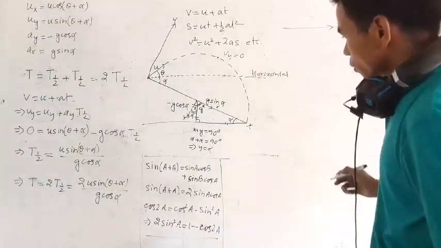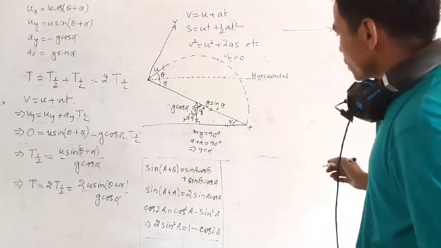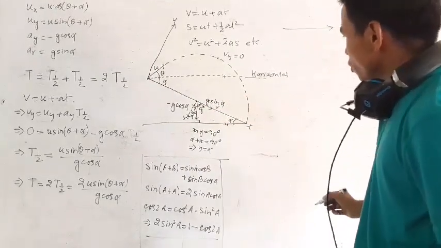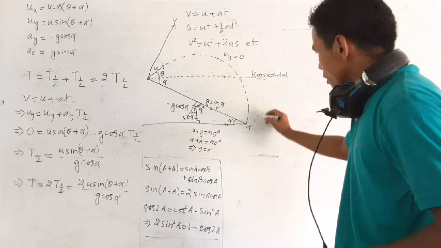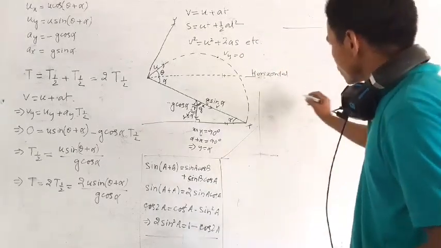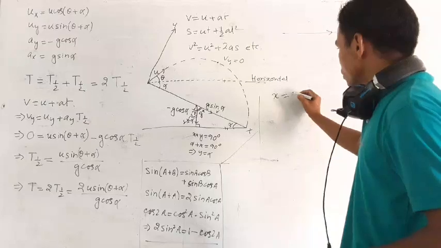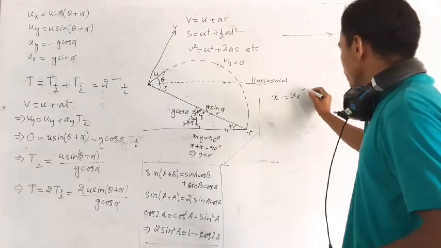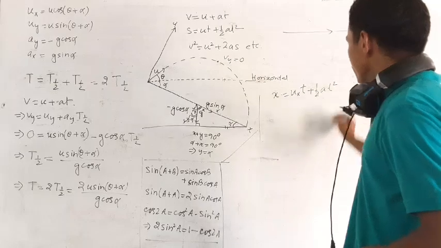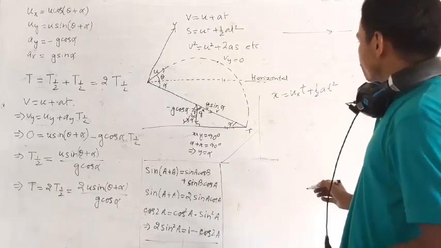To find the range, that is the distance traveled along the x-axis, we need to use the equation of motion: x is equal to u_x t plus half a t squared.